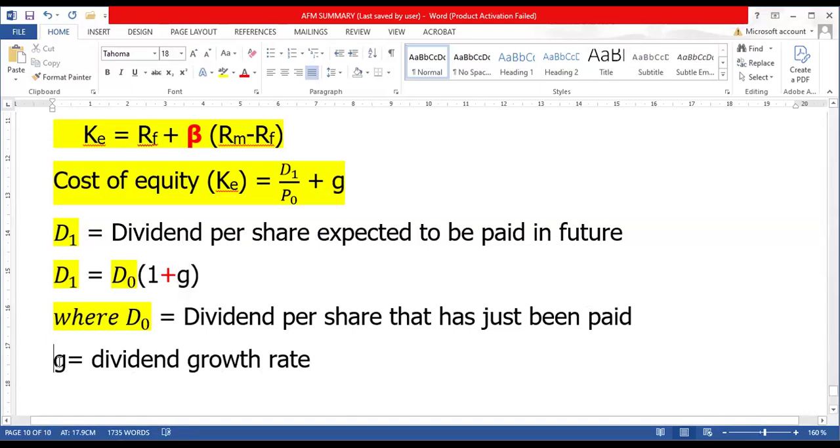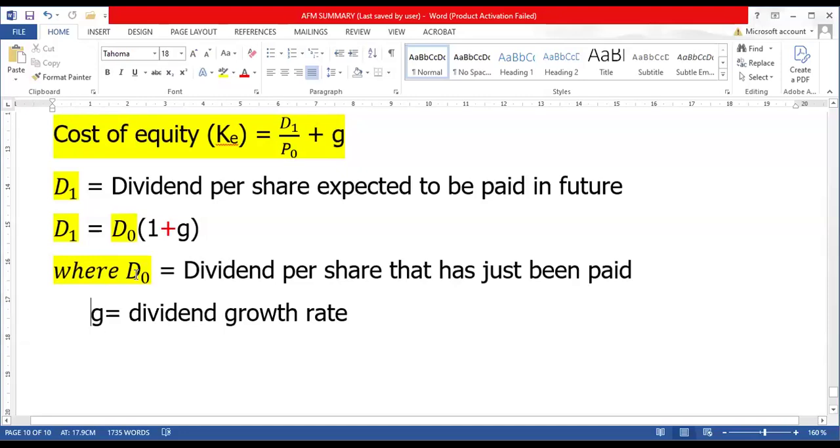So in a scenario where there is no growth in dividend, G is equal to 0.